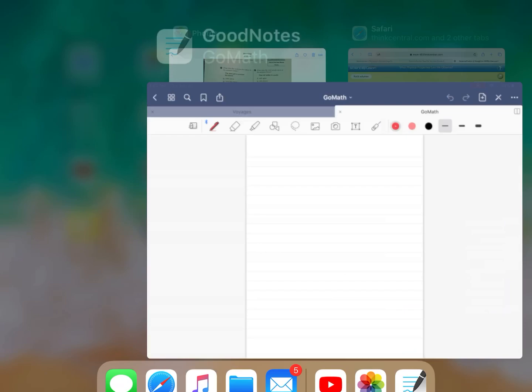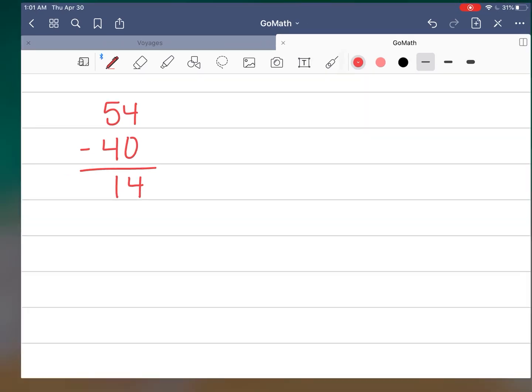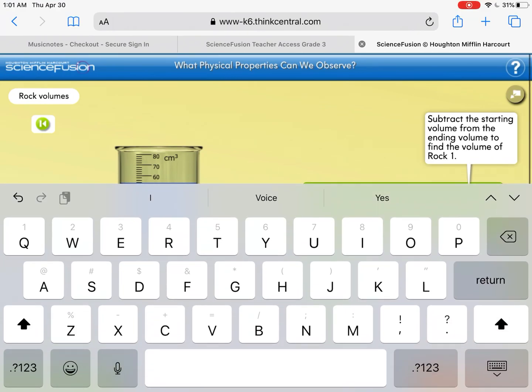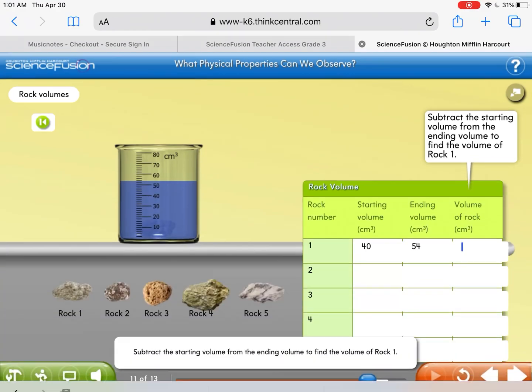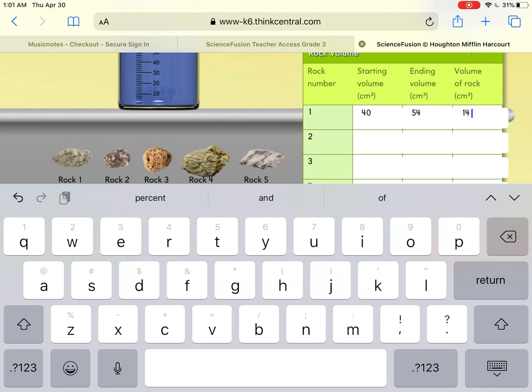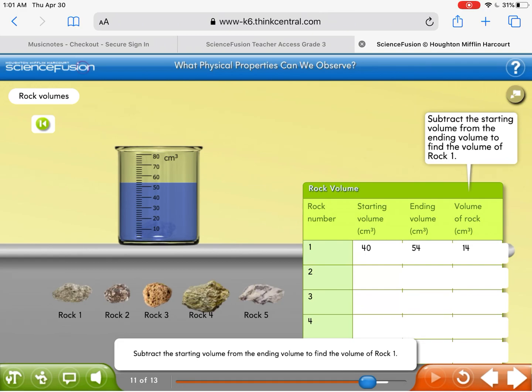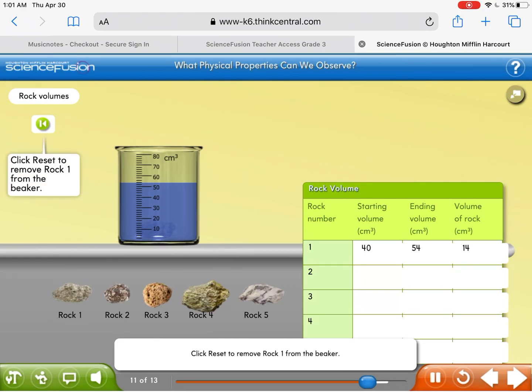So it was 54 minus 40. Four minus 0 is 4. 5 minus 4 is 1. So the volume of that rock was 14 centimeters cubed or cubic centimeters.